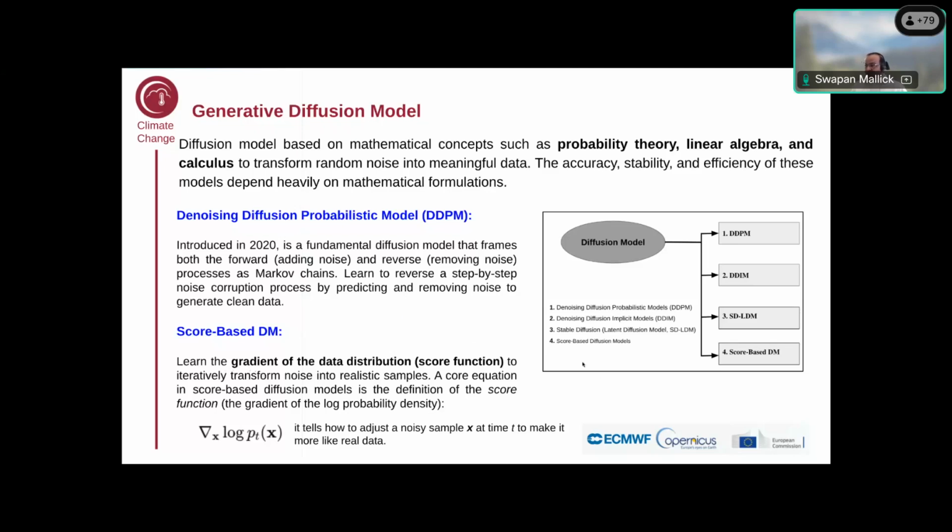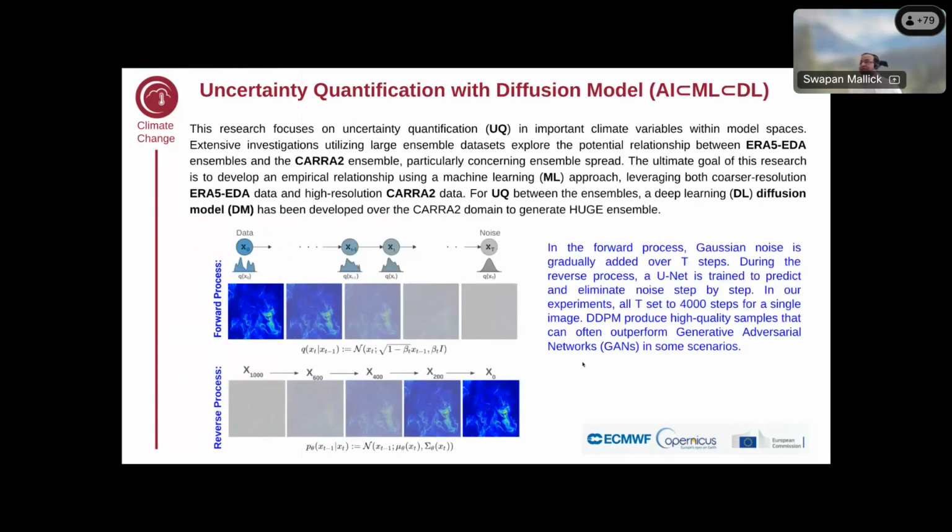So we first consider the denoising diffusion probabilistic model, and here we use the ERA 5 EDA as the input ensemble, and Kara 2 is the target. This figure shows how the denoising diffusion probabilistic model works. It's a schematic representation of the uncertainty.